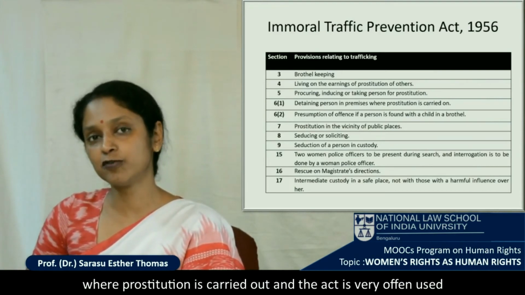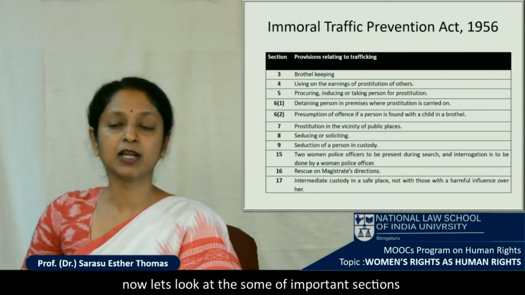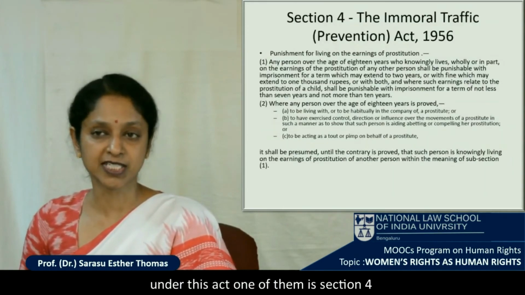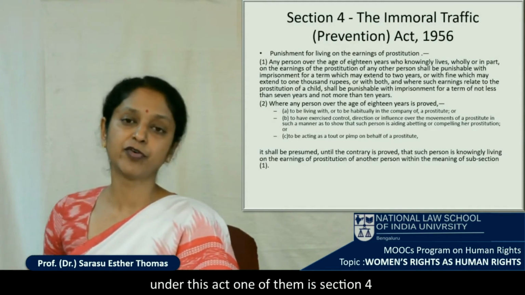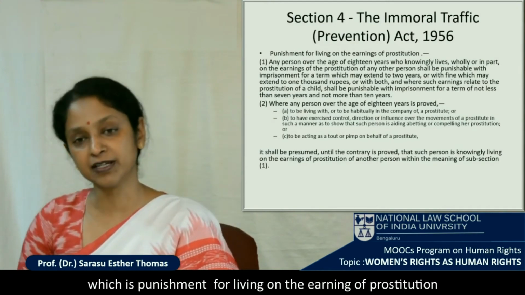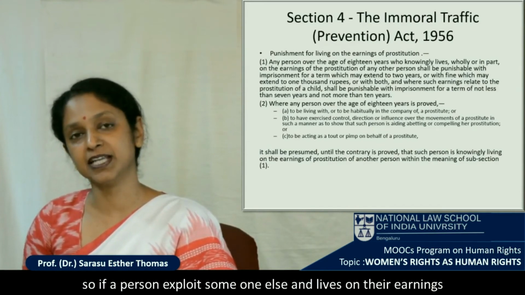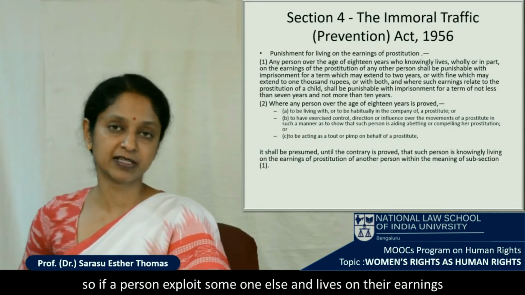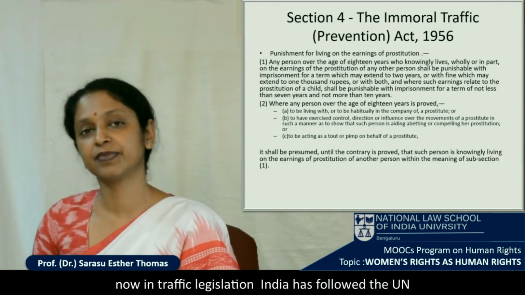And this act is very often used in cases of commercial sexual exploitation. Now let's look at some of the important sections under this act. One of them is section 4, which is punishment for living on the earnings of prostitution. So if a person exploits someone else and lives off their earnings, they would be offenders under this section.